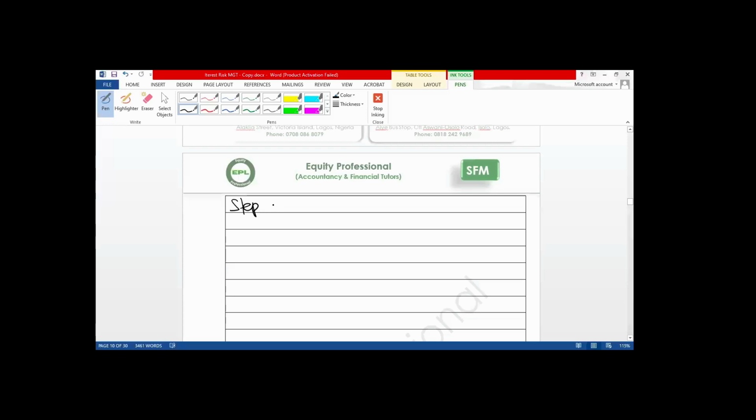Step 3: determine whether to buy or sell futures.